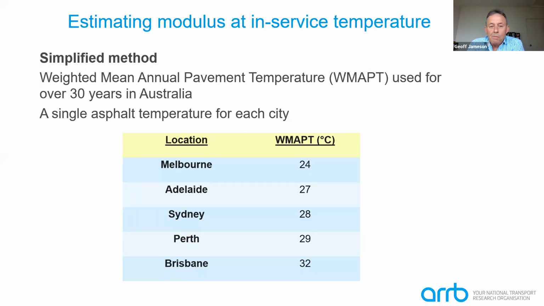So it's a simple method that has been used, like the simple method we have for loading rate of just from the vehicle speed. The speed of loading is that at 100 millimetres depth for rate of loading, and we use a simple method for calculating the weighted mean annual pavement temperature rather than looking at the damage for each hour of each year.